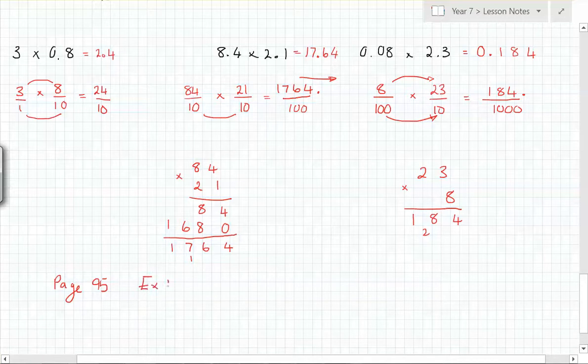In exercise 1, you are going to do the questions G through to O. We've done a few, so you're now going to do G, H, I, J. I want you to show your methods.